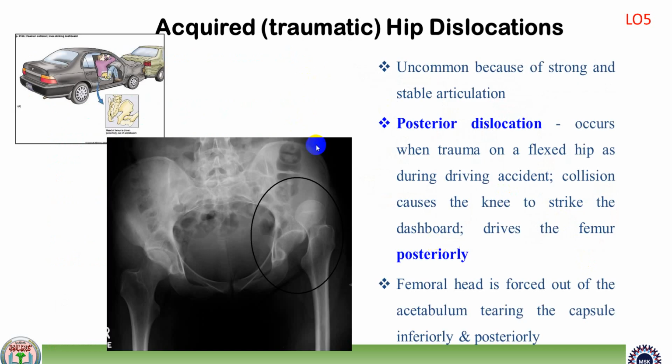We have also acquired dislocation. This is uncommon, especially compared with shoulder dislocation, which is common. The most common is posterior dislocation, whereas in the shoulder we said the most common is anterior. It usually occurs in road traffic accidents, during driving accidents, and posterior dislocation may occur. Here the femoral head is forced out of the acetabulum posteriorly, damaging the capsule of the joint.